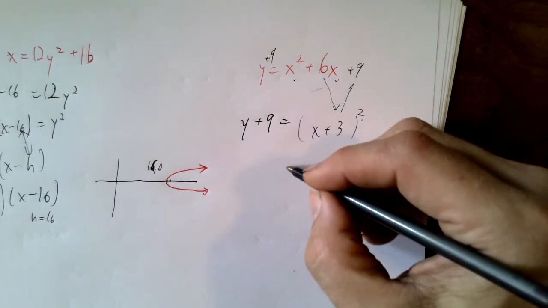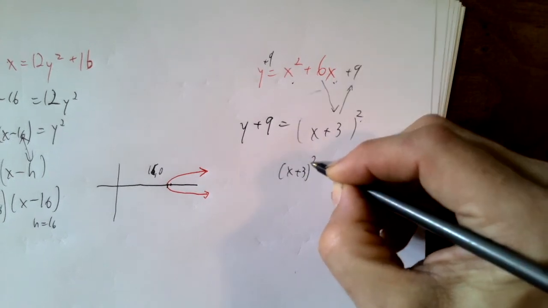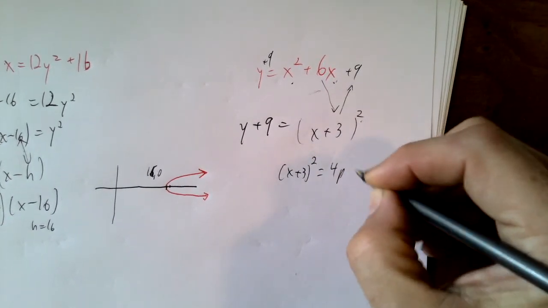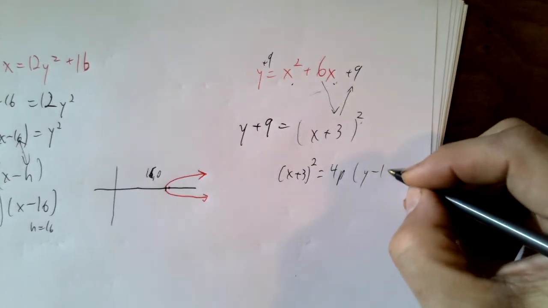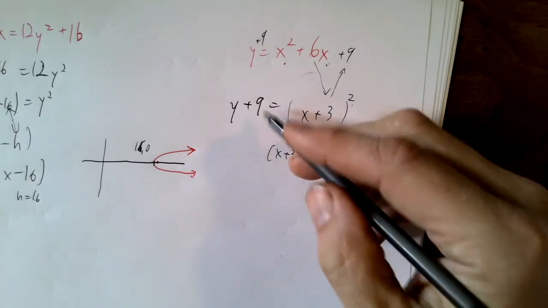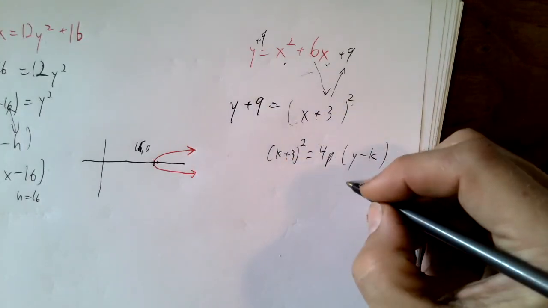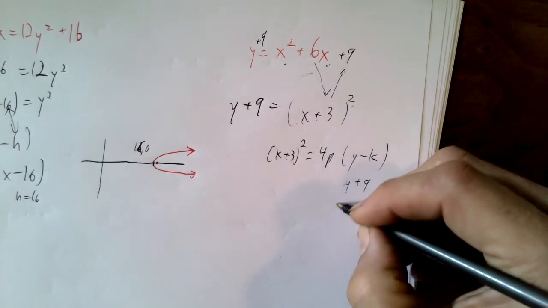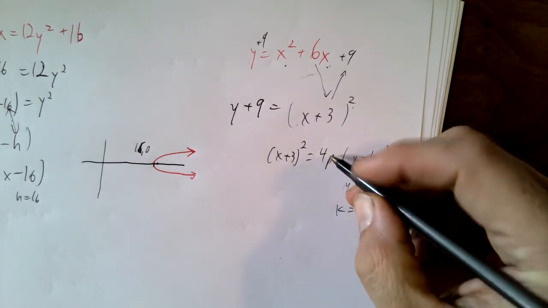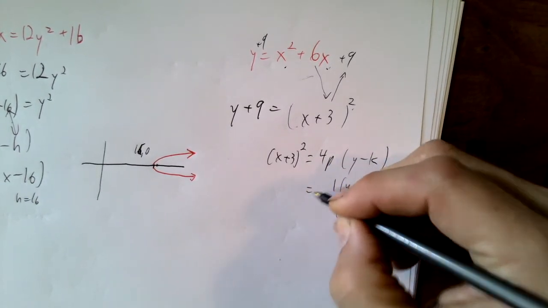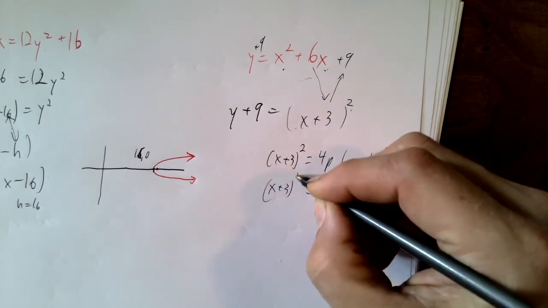Now I've got this by itself. It's supposed to be 4p times y minus k, but it's x plus 3 squared equals y plus 9. So I guess k is negative 9, and I don't have any number outside of there, so it's 1.